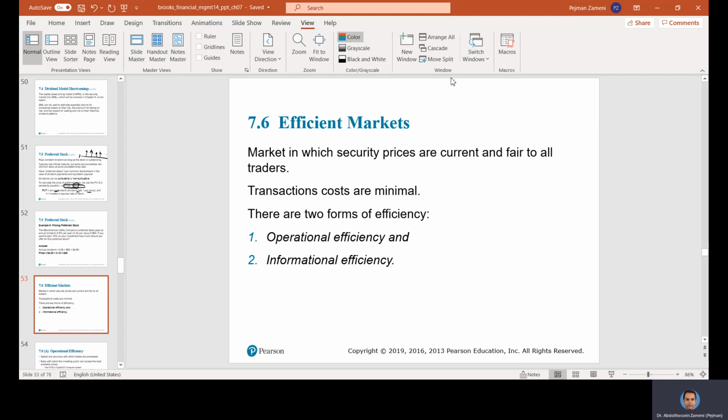It is a market in which security prices are current and fair to all traders, and we assume that transaction costs are minimal. The efficient market hypothesis is quite an important concept, and it is one of the assumptions behind many finance theories.